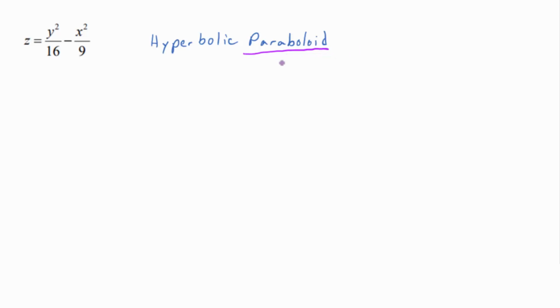So 2 traces are parabolas. And when I say 2 traces, I mean 2 kinds of traces. There's an infinite number of traces that are parabolas. And because it's hyperbolic in front, one kind of trace is a hyperbola.